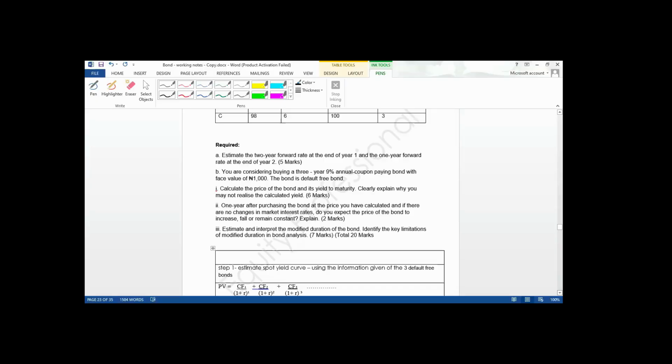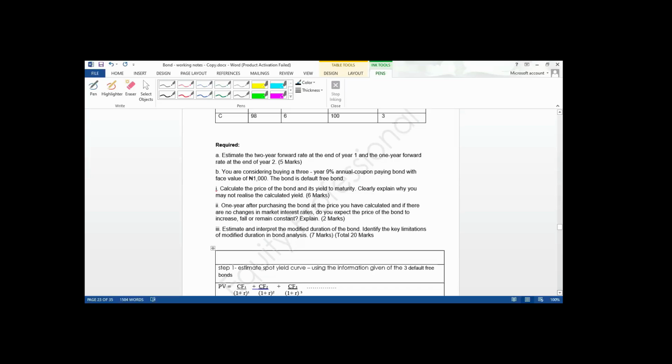To answer that question, the bond is purchased at a premium. The price is 1,060 naira.